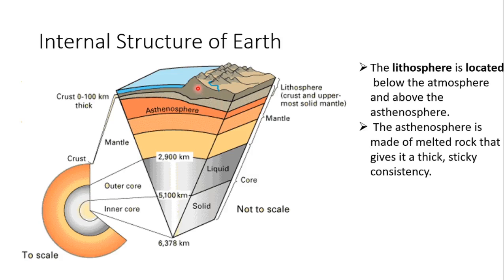The combination of this crust and this upper part of the mantle, they both comprise relatively cool, rigid rock material, and together these two layers are called the lithosphere. That means lithosphere is made up of crust and the uppermost solid mantle part.